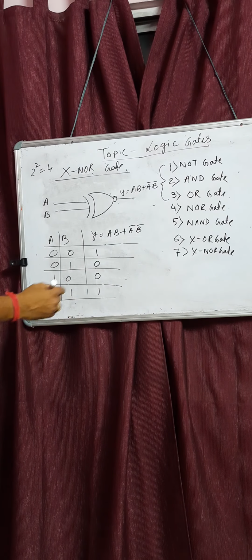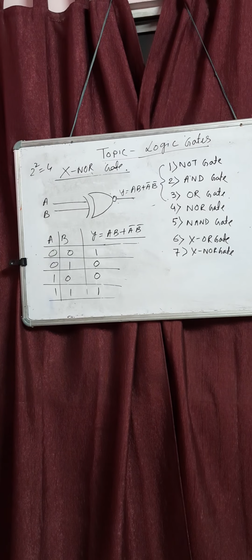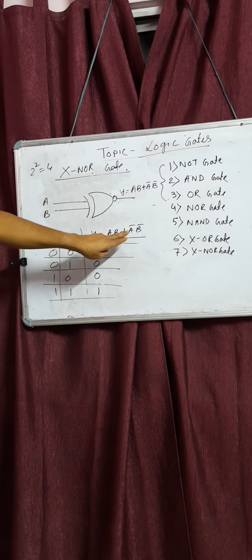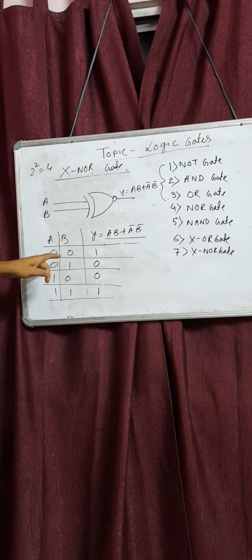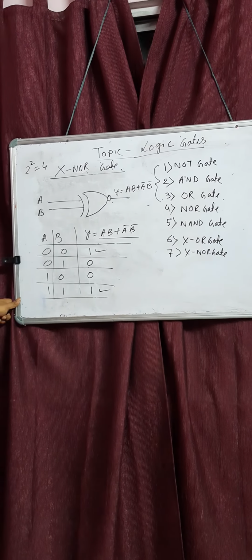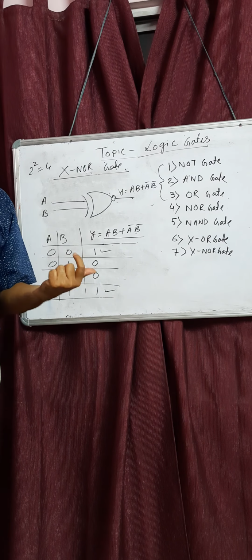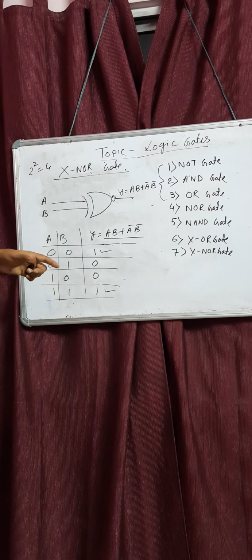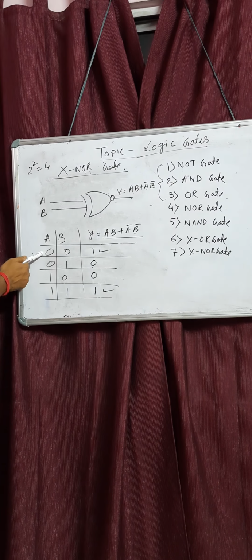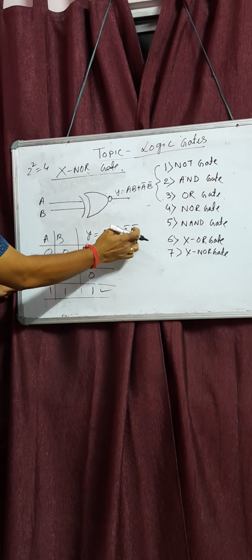Now see how these expressions are derived. See here, in your first case, A bar B bar. Now you see where the output is 1. When both the inputs are 0 0, in Boolean algebra how do we represent 0? That is the complement. So here A is equal to 0, that means A bar, and here also B is equal to 0, so we are applying B bar.